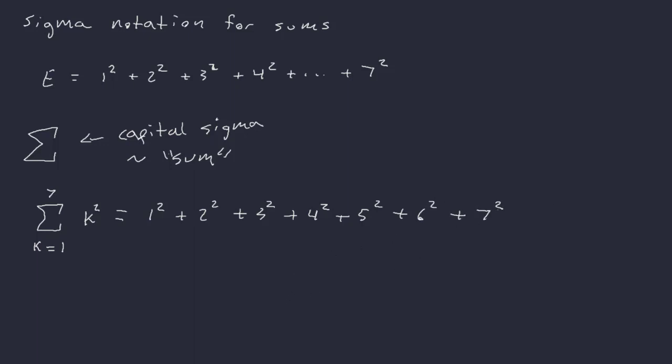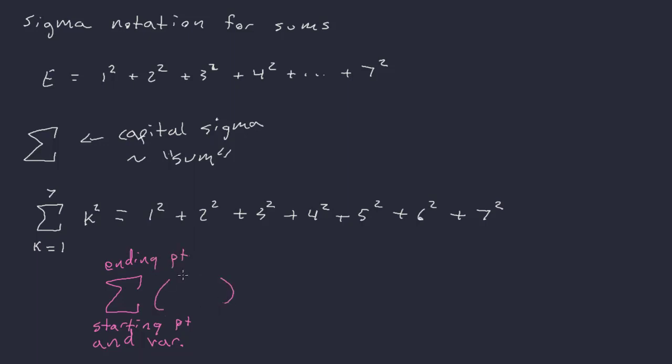So how this essentially works is with our capital sigma, we're going to sum stuff. Right here is going to be our starting point and variable. Up here we have our ending point.